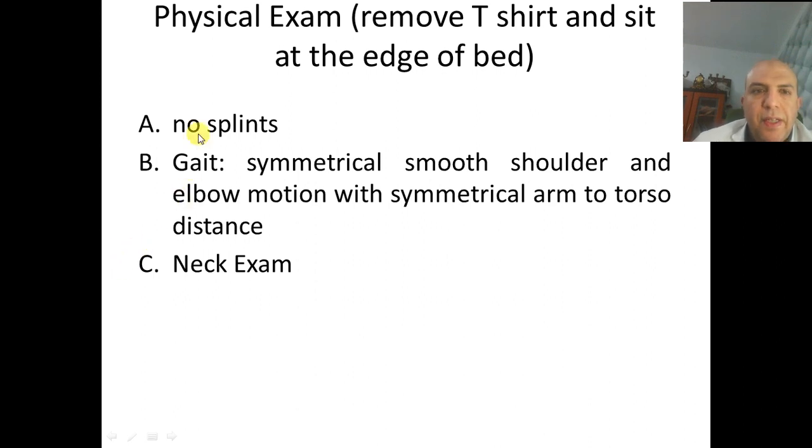As usual, starting the examination. Remove the t-shirt. Exposure for each compartment or each region is very important. Don't try to leave a single piece of clothing on the examined site.